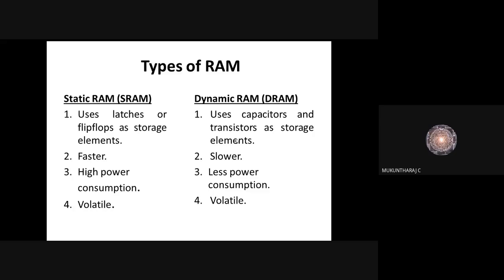So in this comparison, you can understand the advantage and disadvantage between SRAM and DRAM. You can mainly see the difference here. SRAM is faster, but it consumes more power. Dynamic memory is slower, that is, speed is low, but it consumes less power.